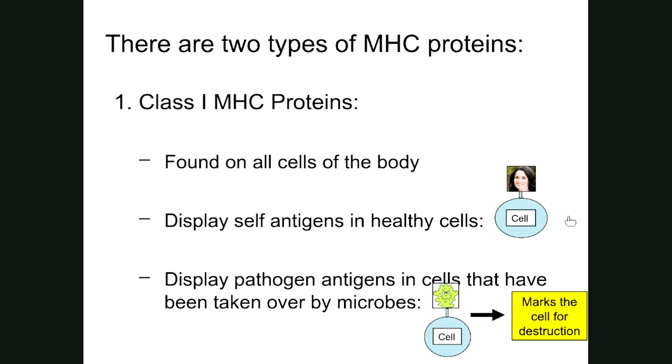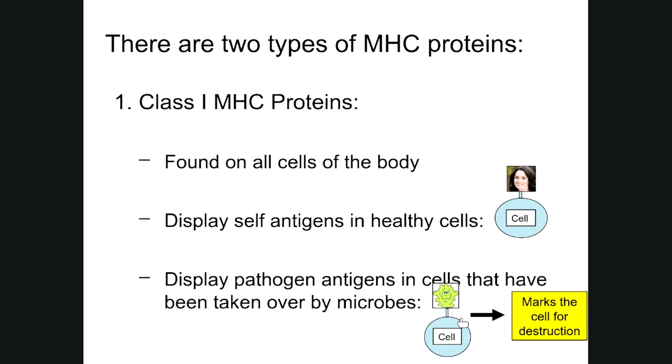Now remember that viruses and some bacteria can actually get into the cells of our body and can actually take those cells over. And when they do so, those viruses or whatever it happens to be is going to inject some of its DNA into the host cell DNA. And what that means is if this is a cell in my body, we could even say it's this cell, and it has become infected, now we've got viral DNA in my cell.